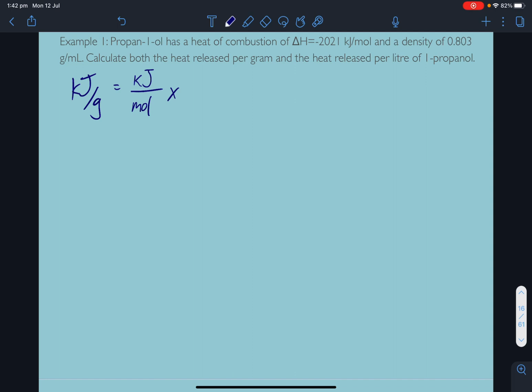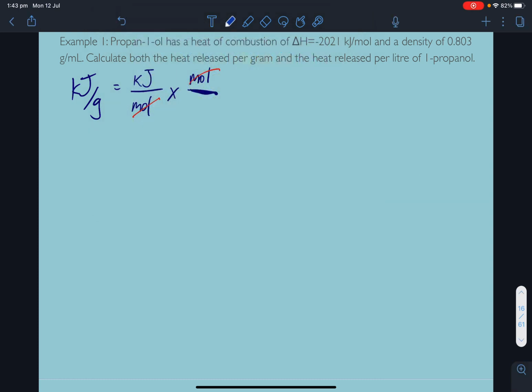We're going to get rid of the units that we don't want and introduce the units that we do want. We want to keep kilojoules at the top, so we're good, but we want to get rid of moles from the bottom because on the bottom on the left-hand side is grams. So mole up the top will lead to us being able to cancel once we figure out the unit.